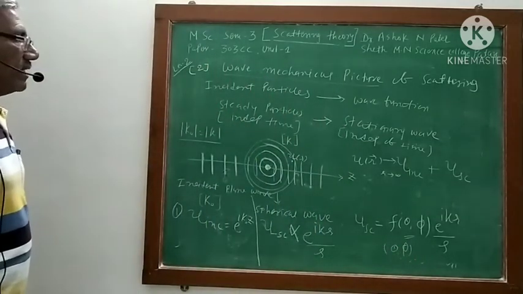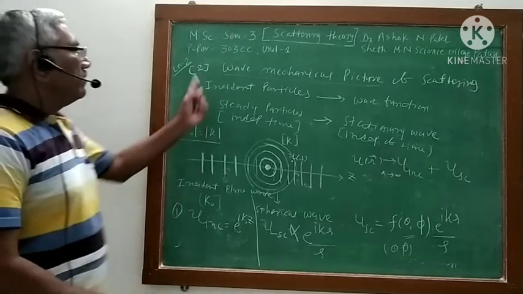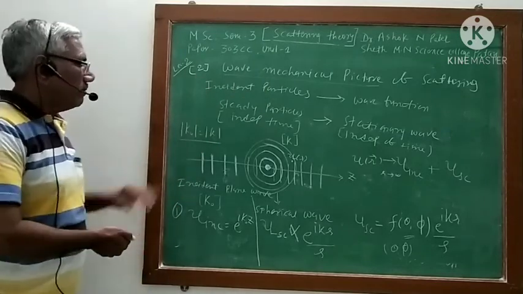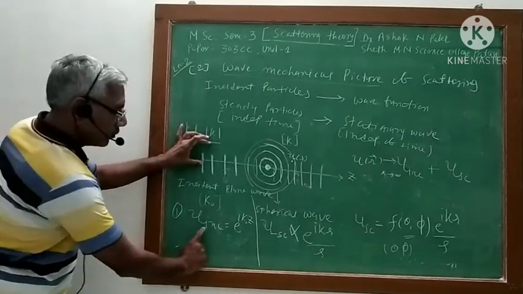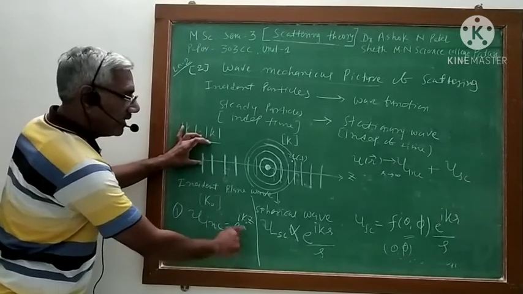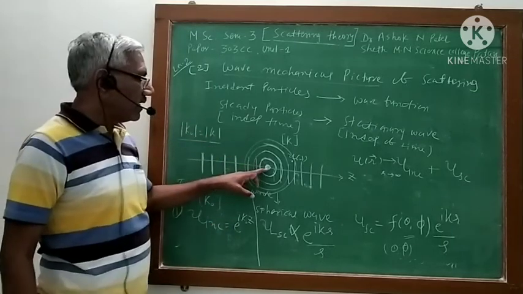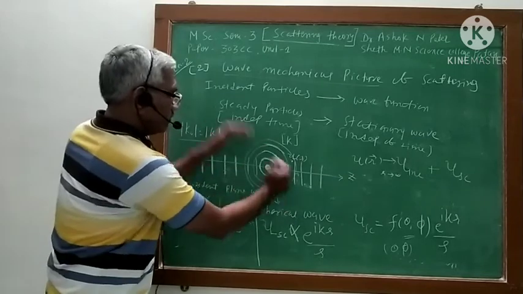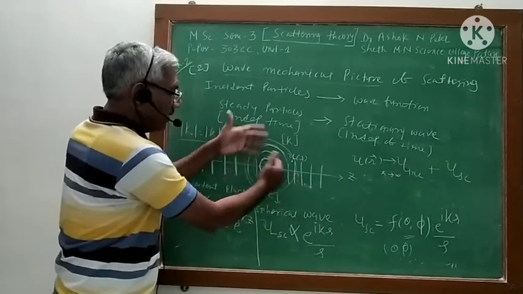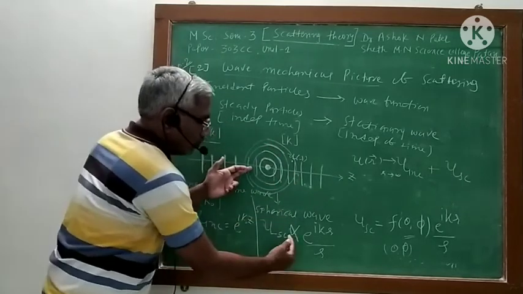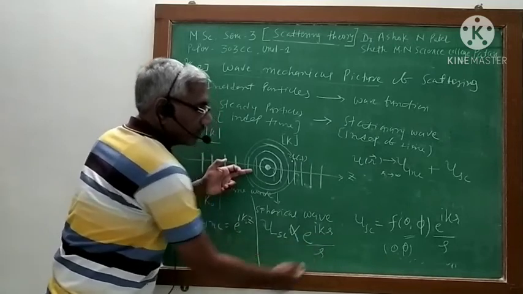So now in the wave picture, the incident particle is u incident equal to e^(i k z). Suppose after scattering it is scattered in all directions, so the scattered wave is this.